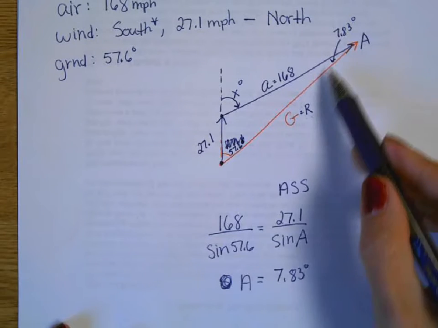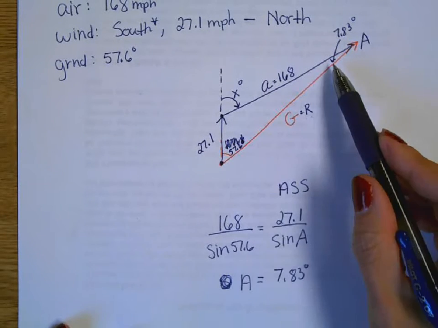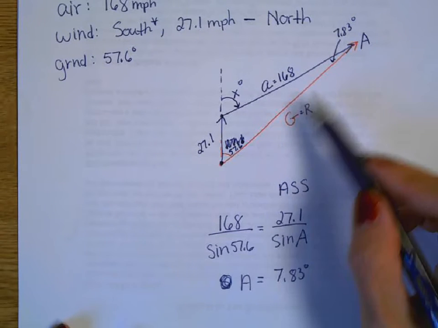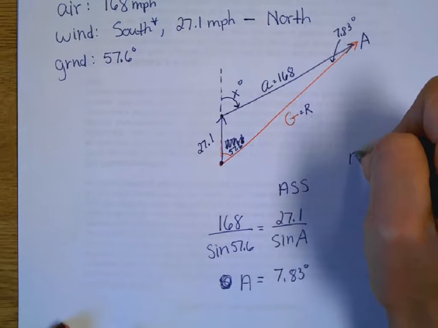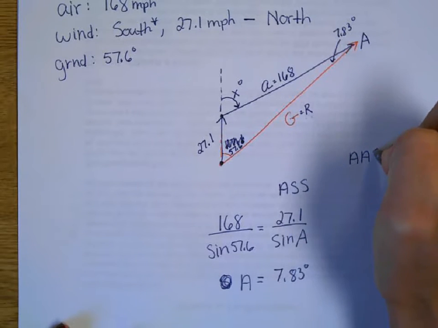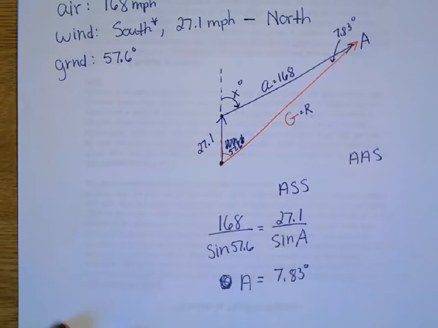Now you can run angle... Oh, you got lots. Angle, angle, side. You got two, it doesn't matter. Angle, angle, side. Pick which side you want to use. Do you want to use the 27.1 or do you want to use the 168? Doesn't matter, but it's going to matter what angle you put in first. So which side would you like to use?